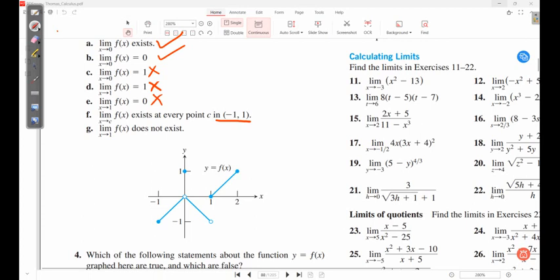Okay, so now this is why you need to understand these brackets. You mean not included? So what are you saying? For me, for every point, yeah, they do exist between -1 and 1.